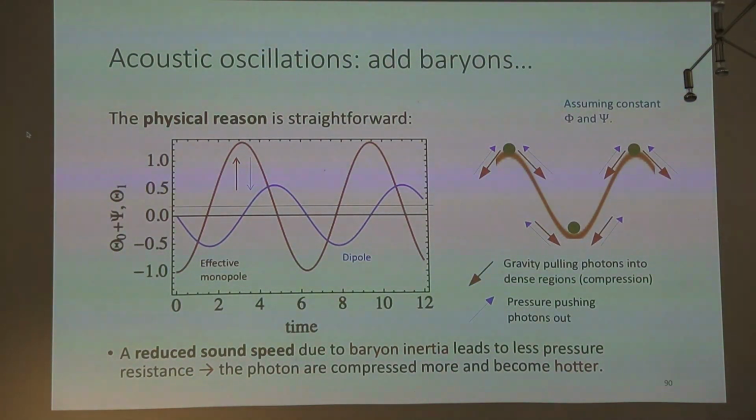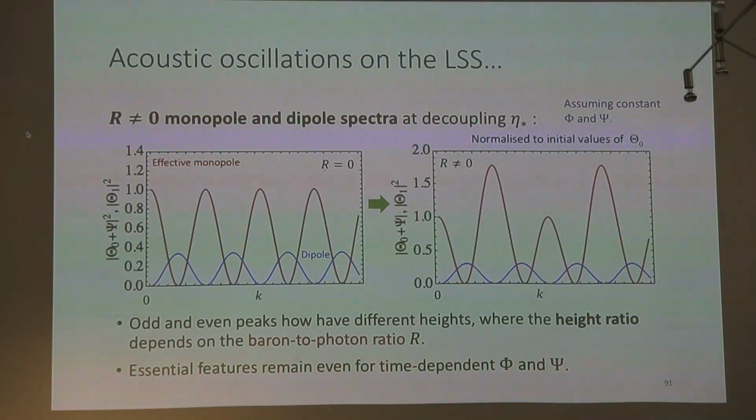So if I now ask again what's going to happen if I look at a spectrum of the monopole perturbations and the dipole perturbations at the time of photon decoupling, then I go from this initially nice and evenly sized peaks across the spectrum to this situation where I have a lower peak and then this first peak here being kind of pushed up, and then a lower peak again, and then up and down and up and down.